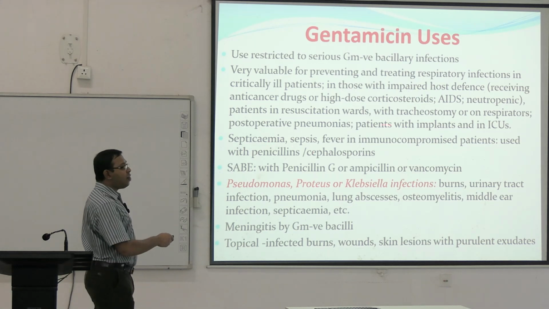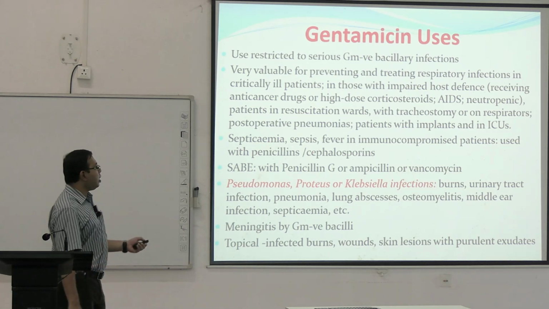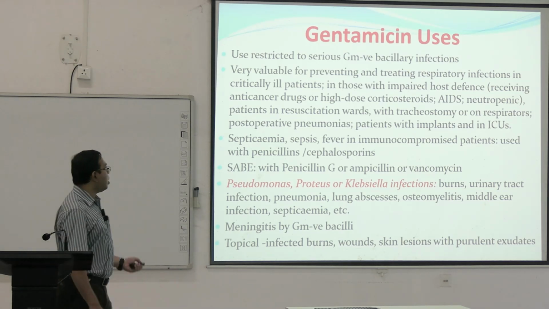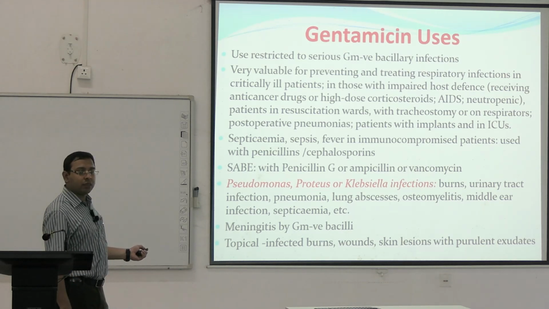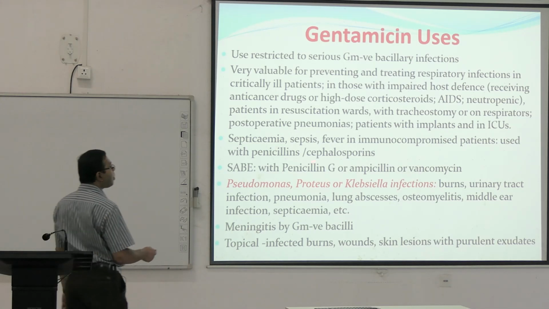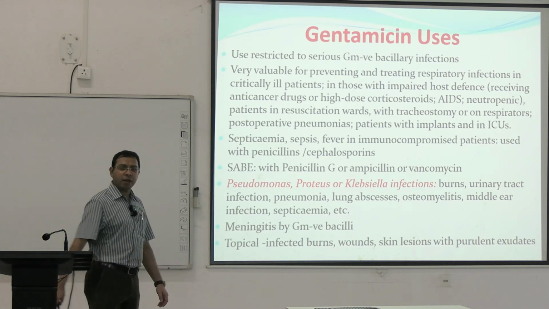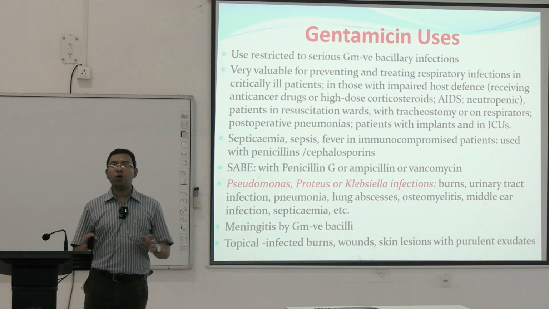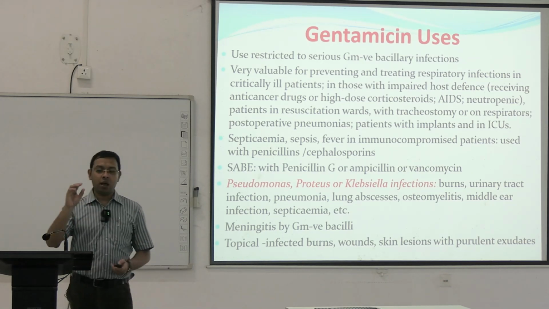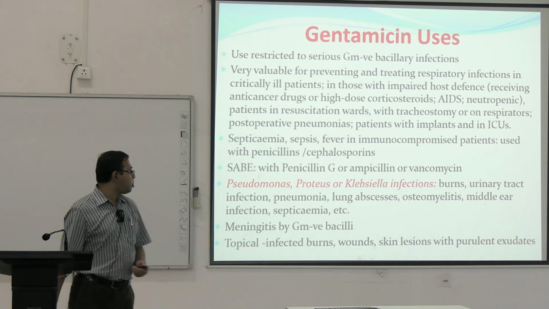Septicemia, sepsis, fever in immunocompromised patients, it is usually used in combination with penicillins or cephalosporins. Subacute bacterial endocarditis, which is a grave disease, we can use these aminoglycosides in combination with penicillins or ampicillin or vancomycin. So there are some regimens of endocarditis treatment where an aminoglycoside is usually added to a gram-positive cell wall active agent.